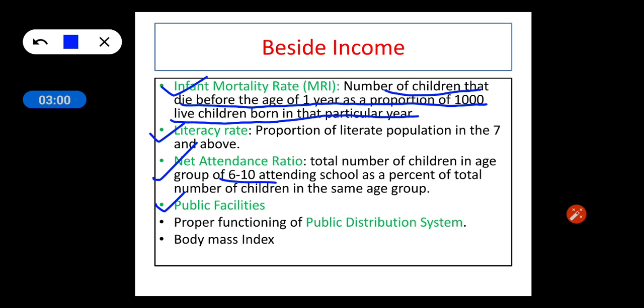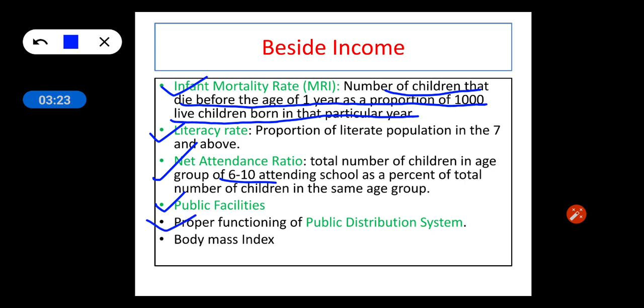For example, water facilities, electricity, schools, colleges, which are necessary for humans to live happily and also to improve their quality of life, right? So better public facilities mean that the region is doing well in terms of development.